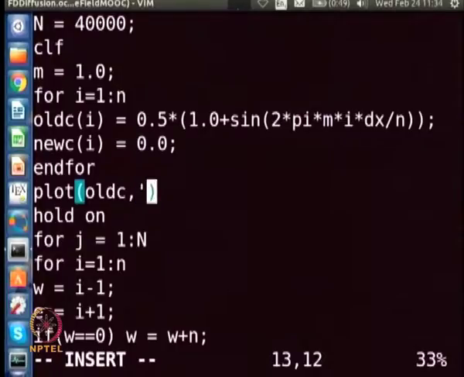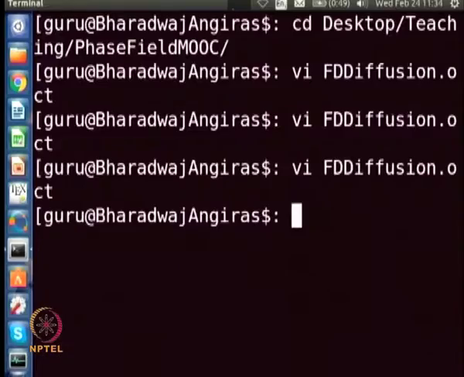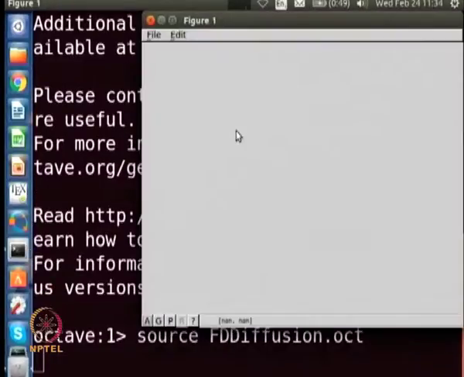So, I am going to plot the old C here with a blue line. By default, that is what it should plot. Octave source FD diffusion dot OCT.